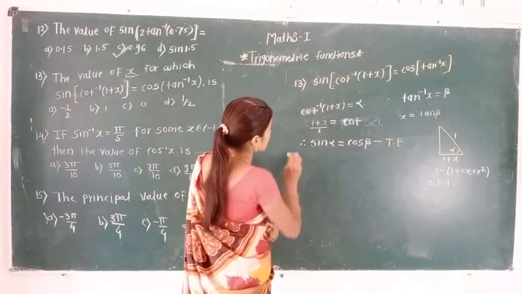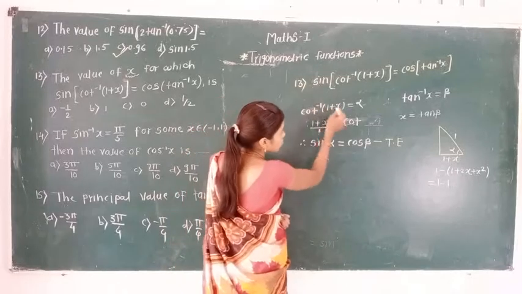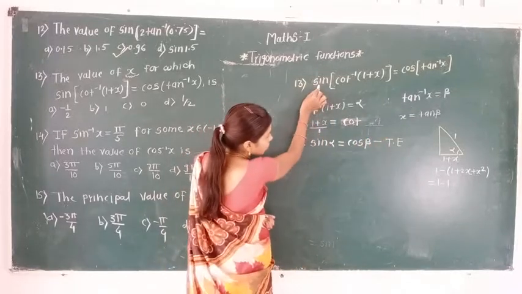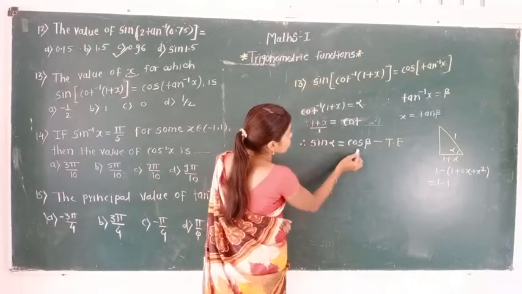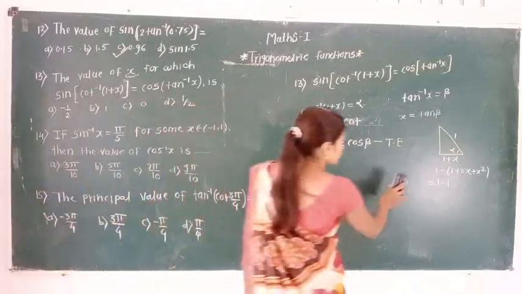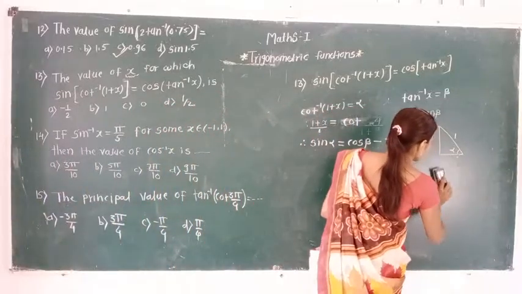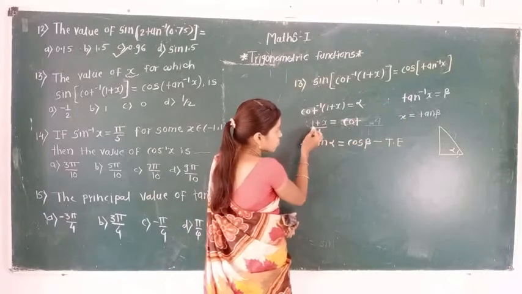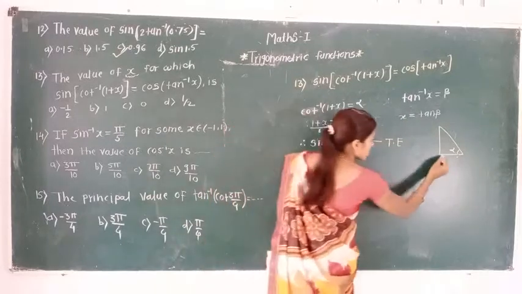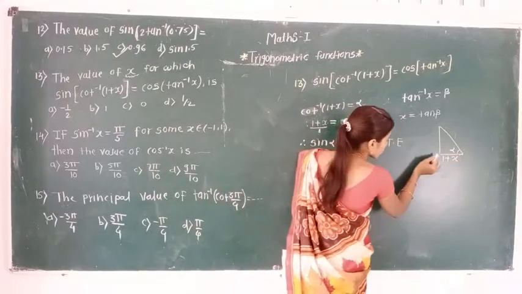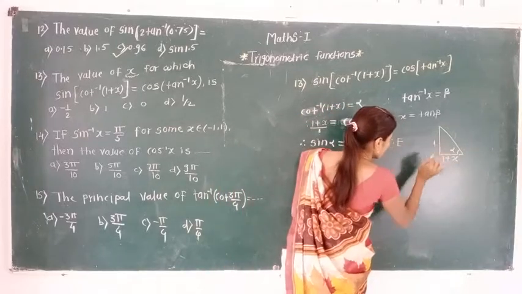Okay, now by using these two substitutions we can write the above equation sine alpha is equal to cos beta. So in that case we know that the value of cot is adjacent side, 1 plus x, upon opposite side. Opposite side is here 1.